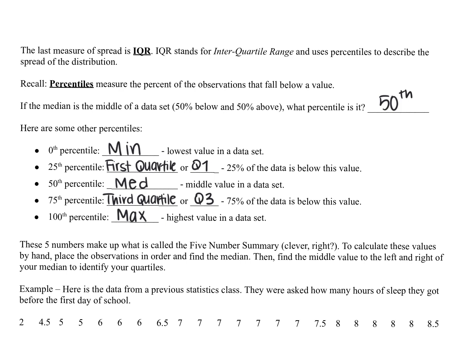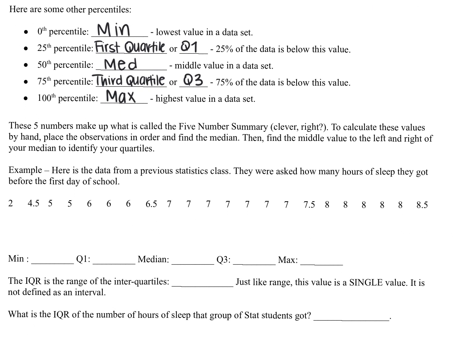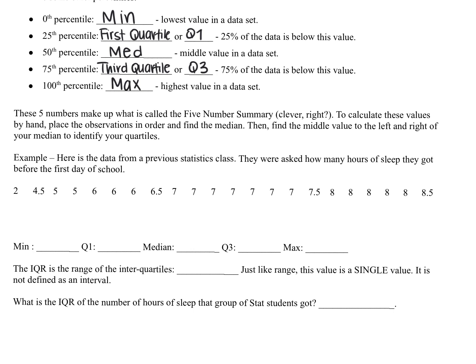So these 5 numbers are minimum, quartile 1, median, quartile 3, and max. There are 5 numbers there. They make up something called the 5-number summary. We are going to talk about how to calculate them by hand, but we're also going to discuss how to do most of the calculations we've talked about in these notes, except for median, using the calculator as well.